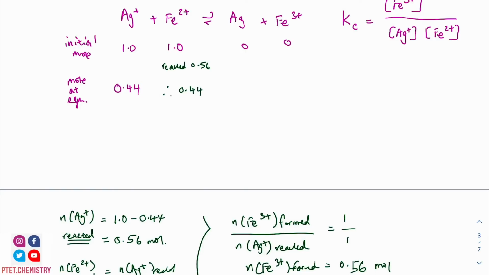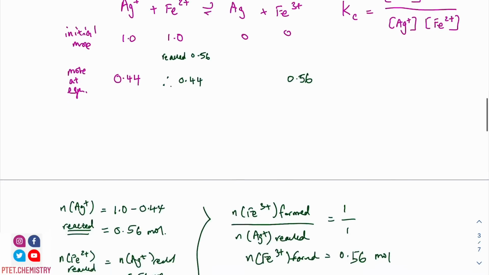Just from this information, how much is left at equilibrium tells me how much of it has reacted, which is 0.56, and I could get how much of Fe2+ has reacted, and therefore how much of it is left at equilibrium. And I know 0.56 mole has reacted. From the mole ratio of whatever reacted, I can get whatever is formed, because it's 1:1, I get that to be 0.56.